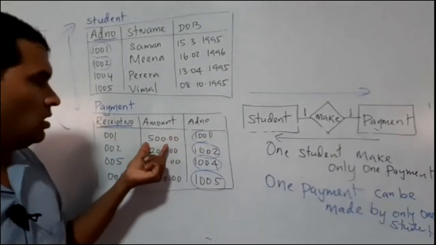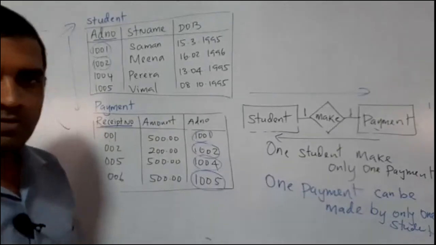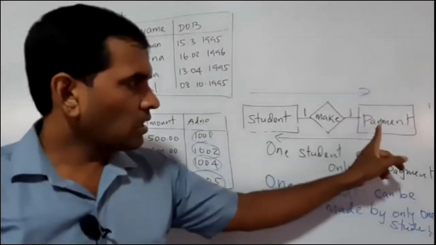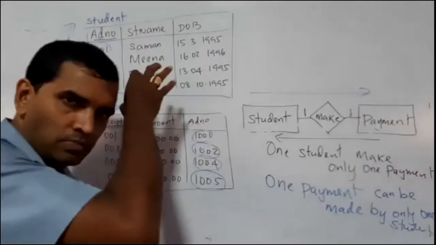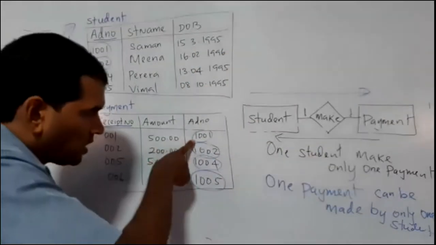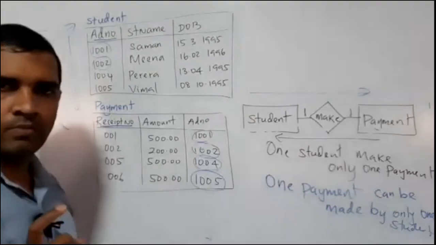He paid only 500 rupees and got 001. Note, Saman didn't make any other payments. That is the meaning of a student can make only one payment. Have you understood? I am justifying my meaningful sentences. Note, 1001 is entered only one time.